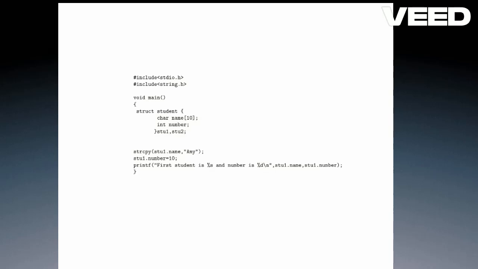Now we come to structure. One of the problems with single arrays is that you can only store a single value in the array. But many times we want to store multiple pieces of information. For example, if I am storing a student record, I want to store the name of the student and the number of the student.